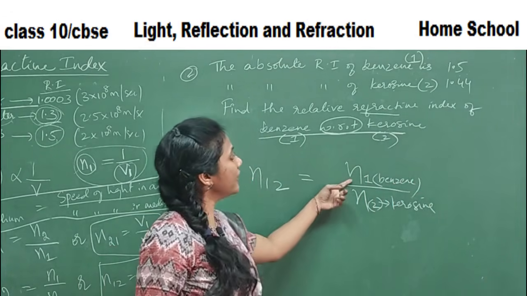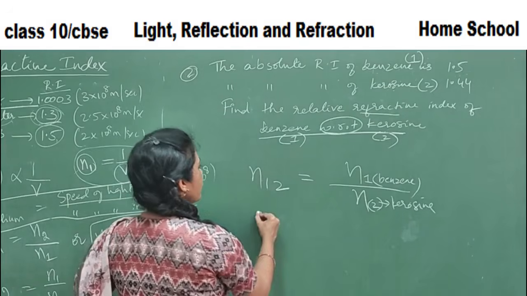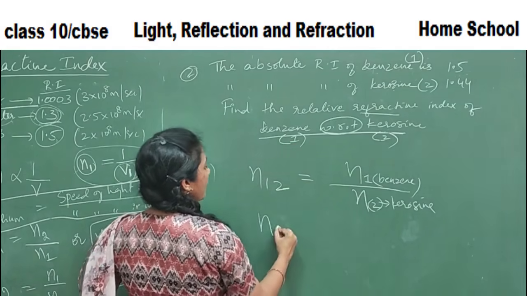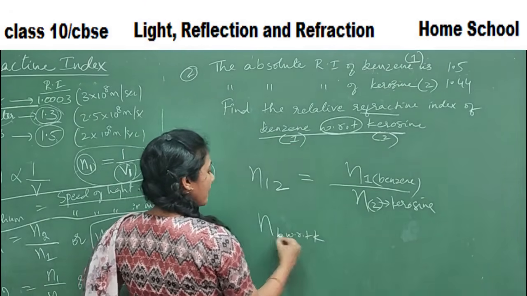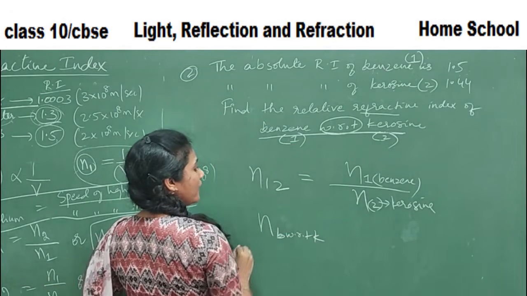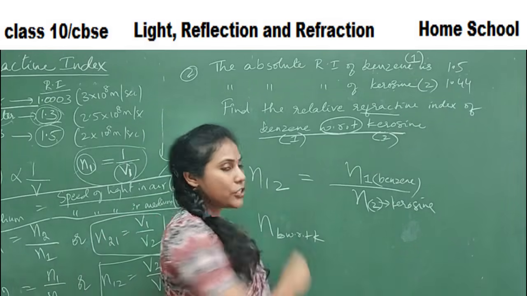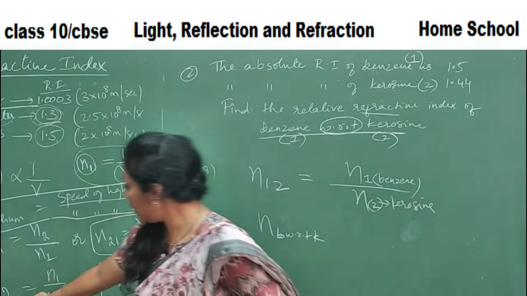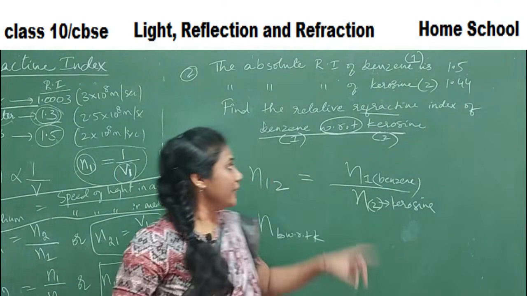The refractive index of benzene is given, and kerosene is given. This thing you have to find out. So the refractive index of benzene, B in the sense of benzene, which is nothing but 1, with respect to kerosene, K, which is nothing but 2. So this formula we are using, N12, that is N1 by N2.